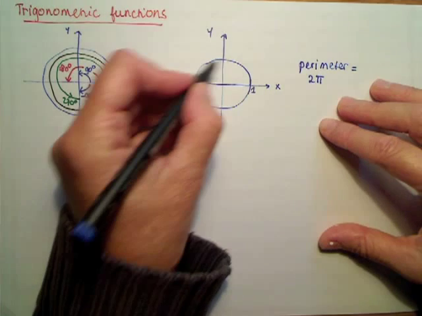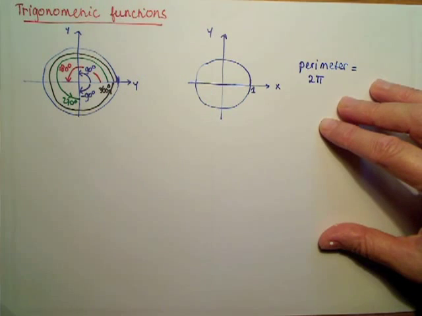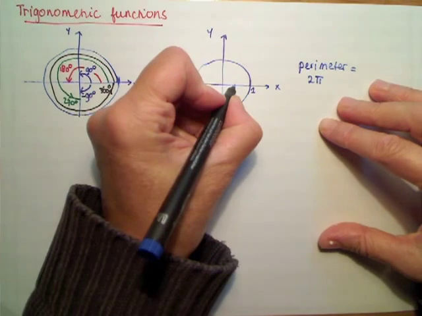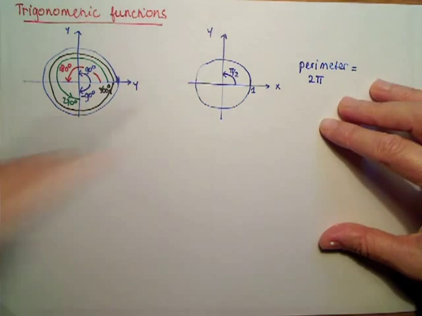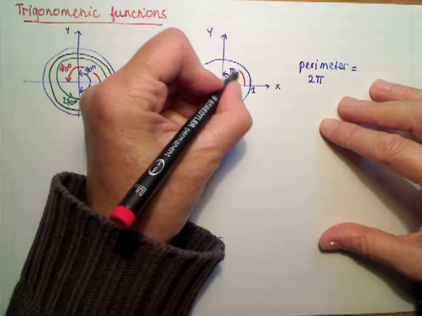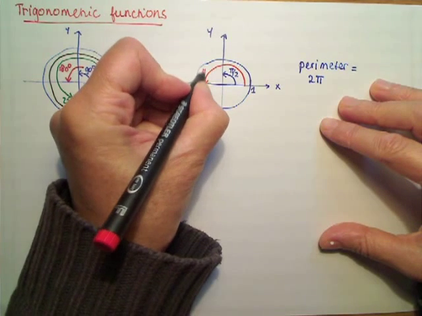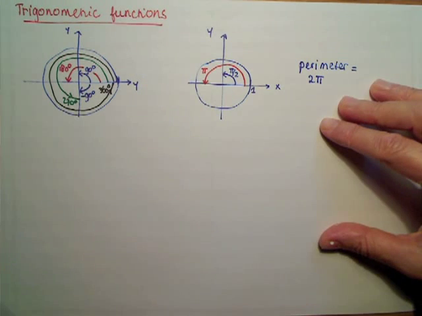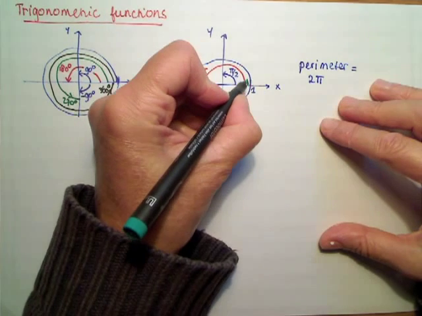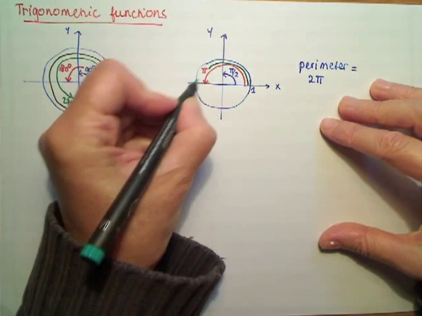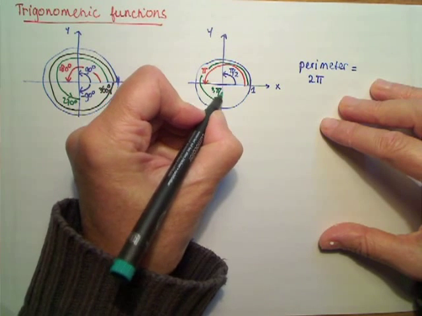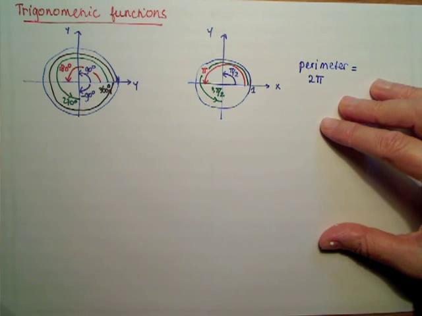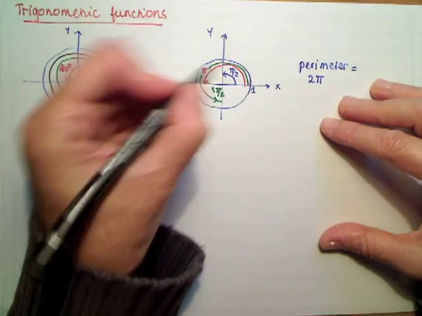The length of half of it is pi. The length of a quarter of it is pi over 2. The length of three quarters is 3 pi over 2, and the length of the full circle is 2 pi, as I said before.